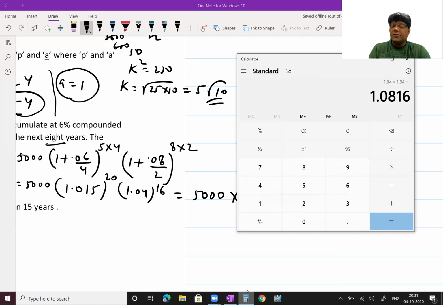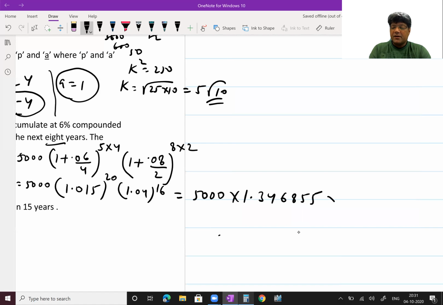Into equal to, guys, 2, into equal to 4, into equal to 8, into equal to 16. That is 1.87298. So this is equal to, now again calculator.